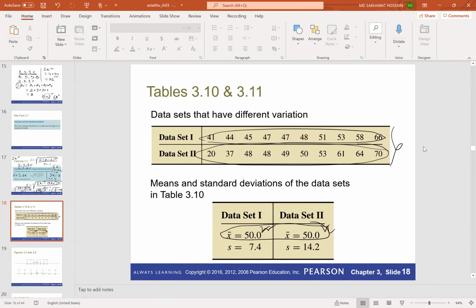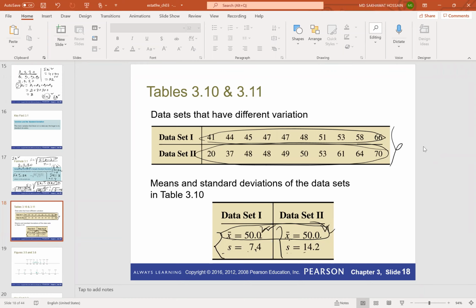So now if you are given these two pieces of information, X bar and S. The X bar for the first one is 50 and S is 7.4. And X bar is 50 for the second one, and S is 14.2. Now you can tell that though the averages are the same, the first dataset has less variation, and the second dataset has more variation.